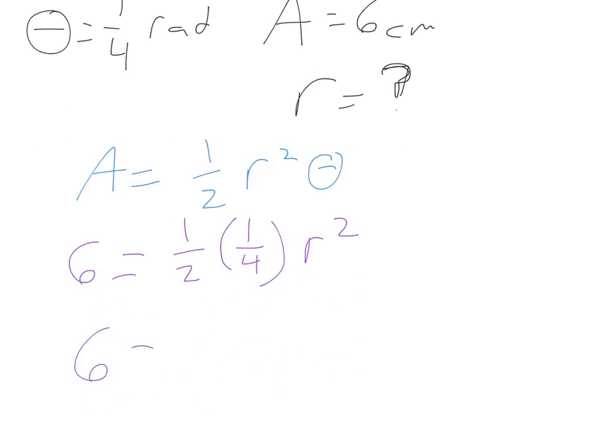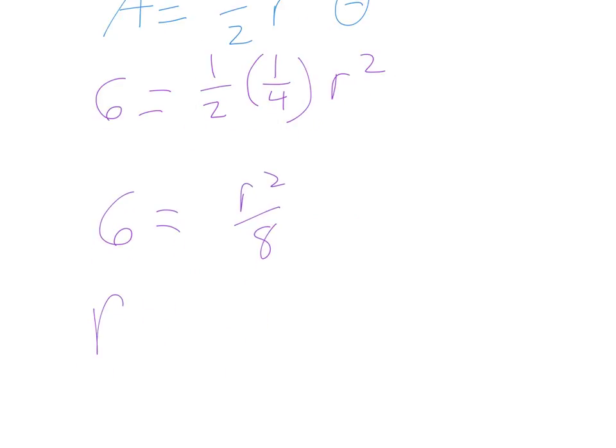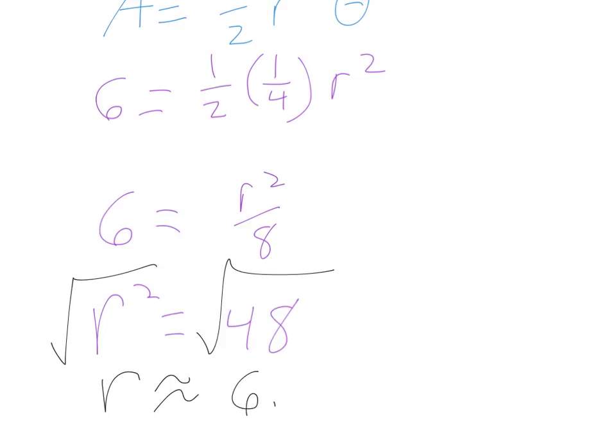So that would be 6 is equal to r squared over 8, which means r squared is equal to 48. Now, if you want to solve for r by taking the square root, r is approximately 6.93 centimeters.